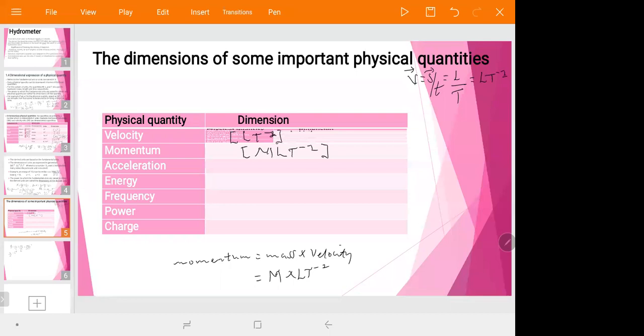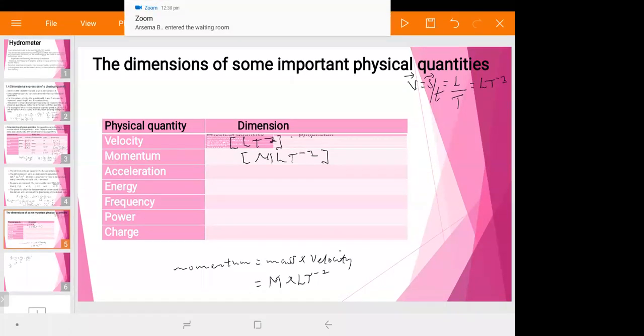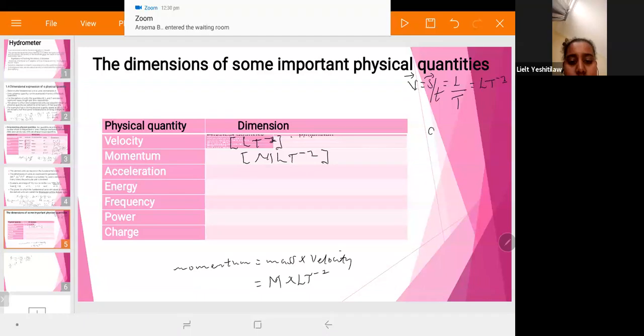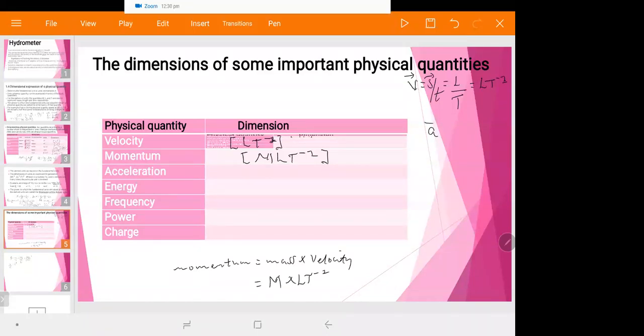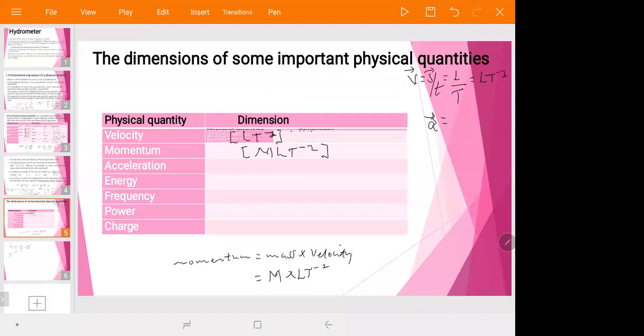When we talk about dimension, depending on this formula, we can bring out the basic units contained in the given physical quantity. Acceleration, as we said above, is equal to velocity over time. What is the SI unit of acceleration? Meter per second squared.